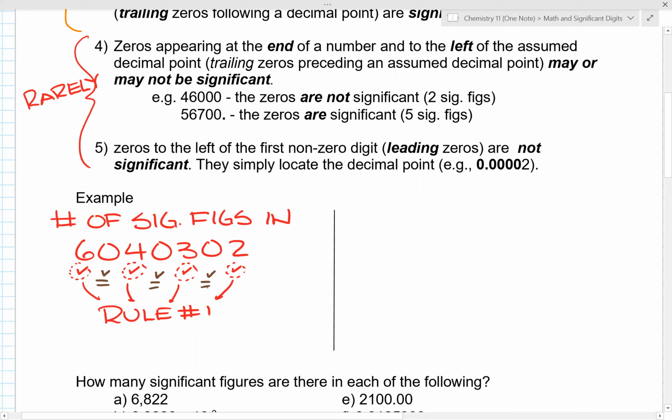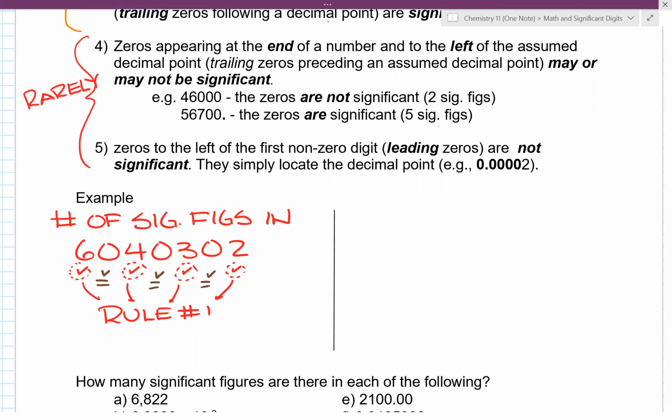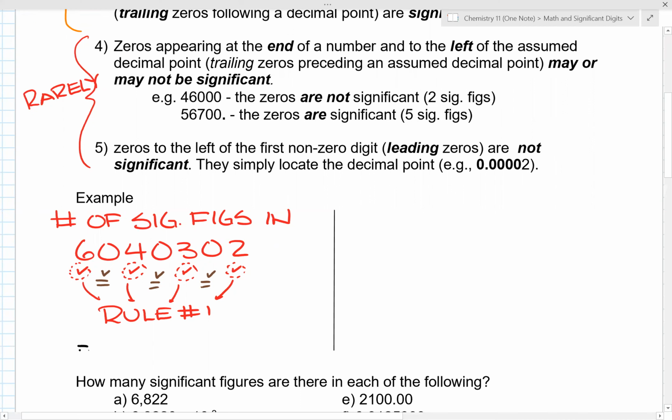All of the digits have to be accounted for in the rules. Because the zeros are important, and if I look at all of my check marks, in the number 6040302 there are 7 significant digits. So these 7 digits I have to take into consideration when I'm doing my calculations.